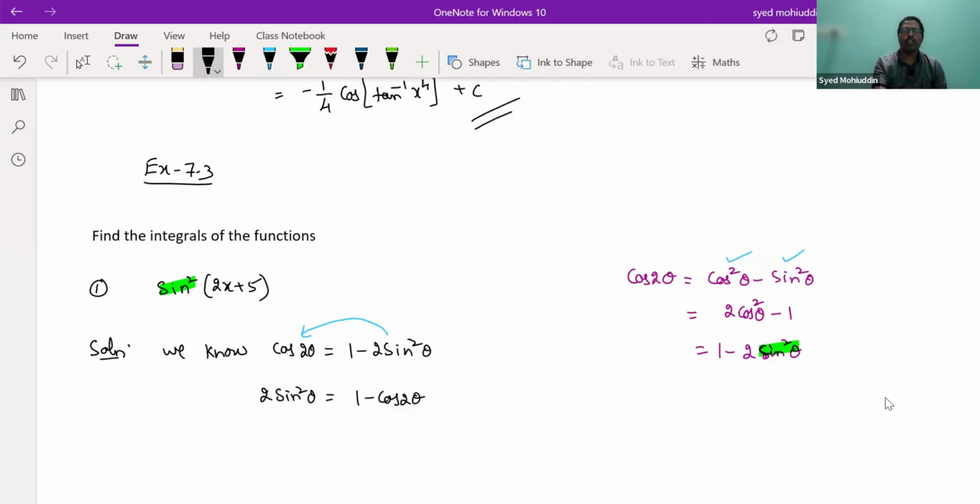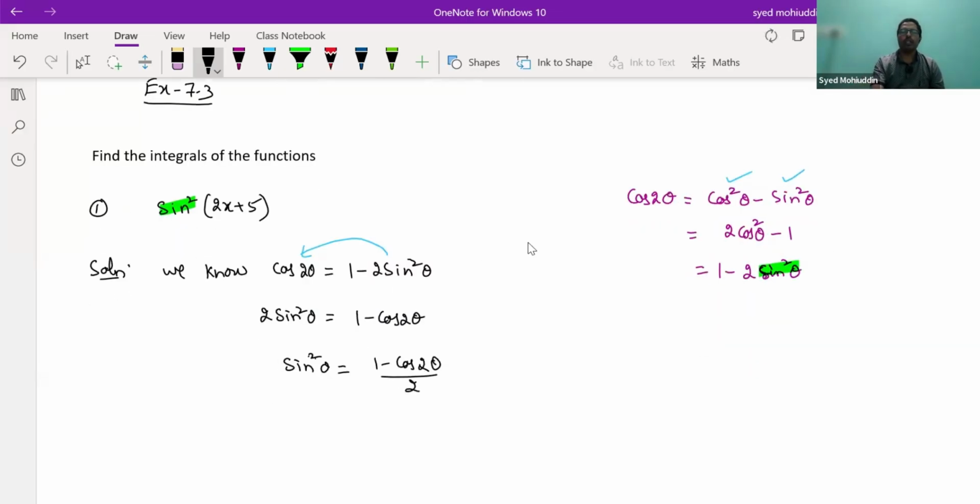Since sine square doesn't have a coefficient, send the 2 to the other side: sine square of theta equals 1 minus cos 2 theta, divided by 2. What is happening here is I'm eliminating the square and writing the right-hand side without any square term. You need to remember this formula directly: sine square of theta equals (1 minus cos 2 theta) divided by 2.